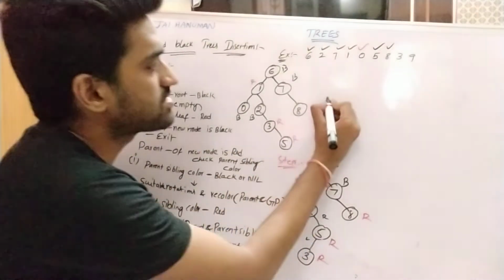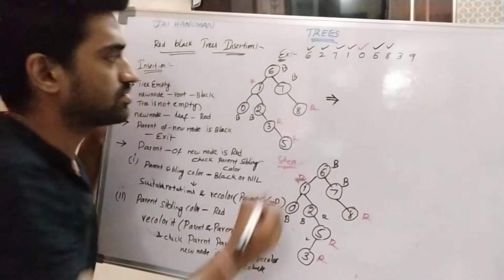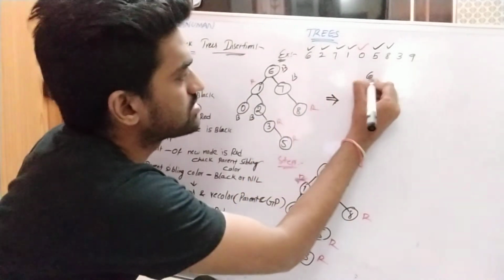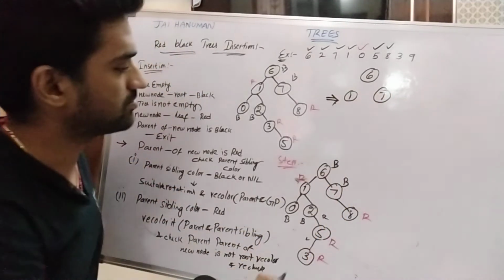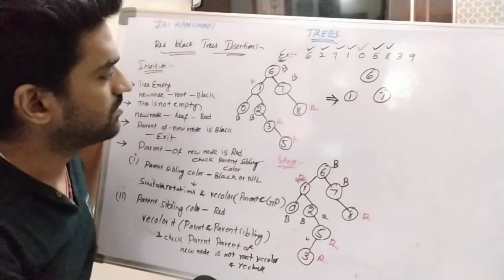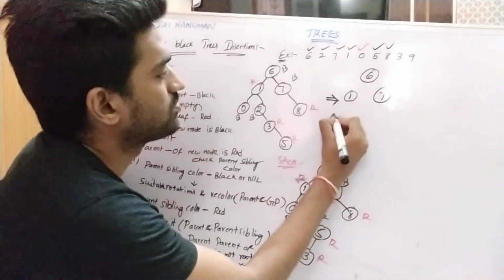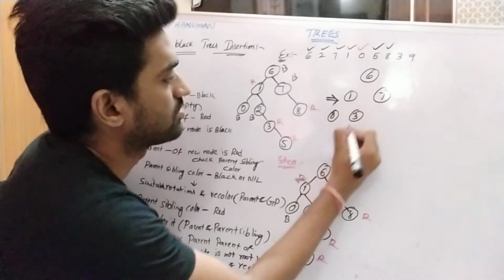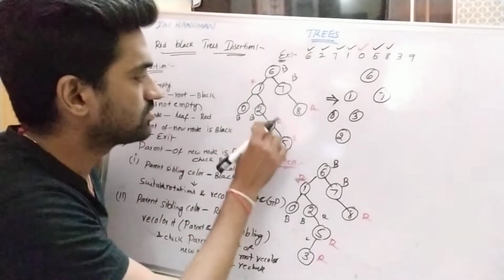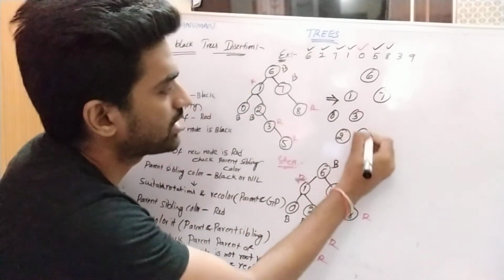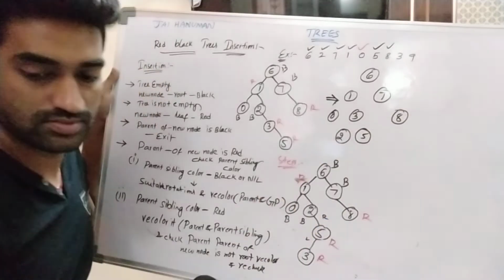So now the tree becomes like this: 6, 1, 7, 0, 3, 2, 5, 8.